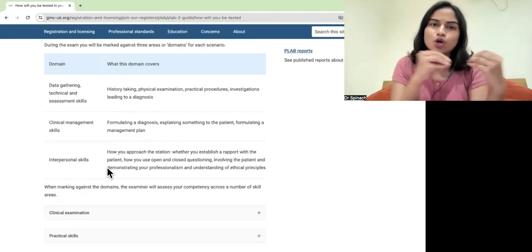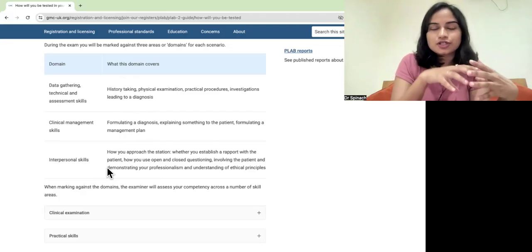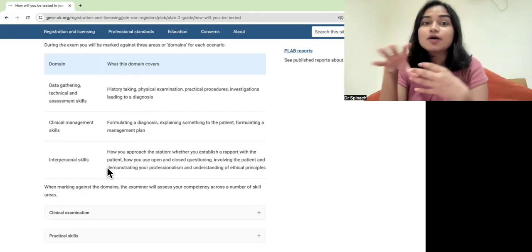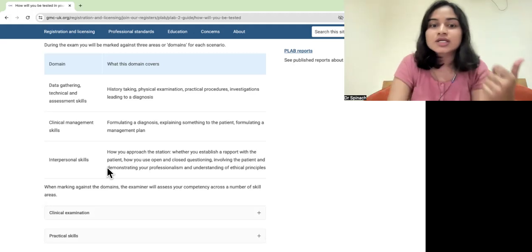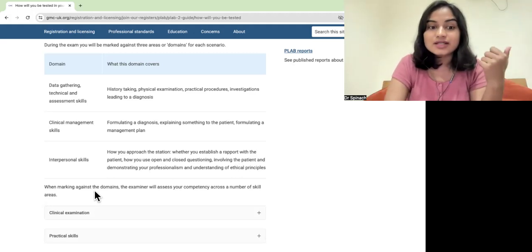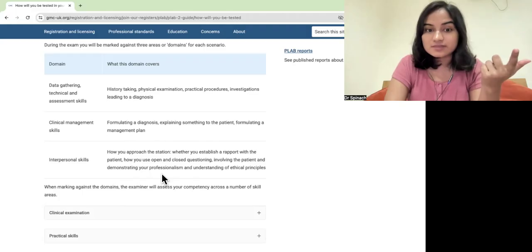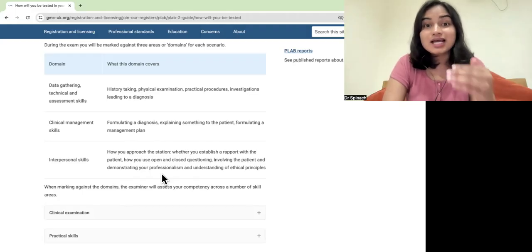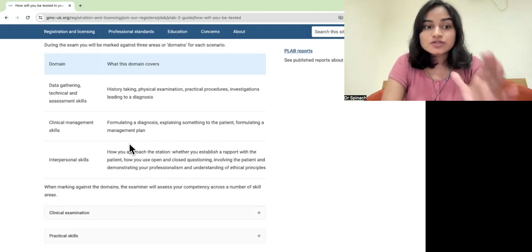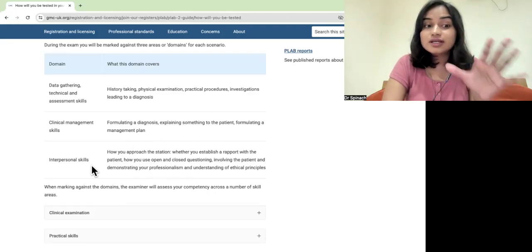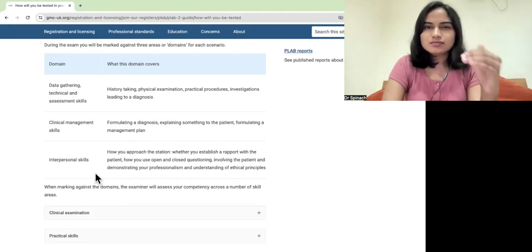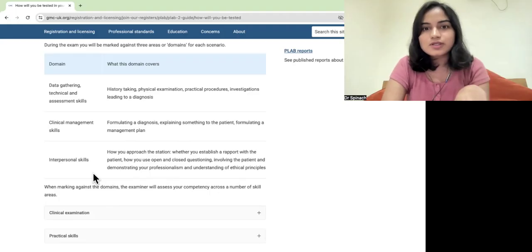Is this a doctor-centered consultation or a patient-centered consultation? It also covers involving the patient and demonstrating your professionalism and understanding of the ethical principles. All of these things are covered under interpersonal skills.